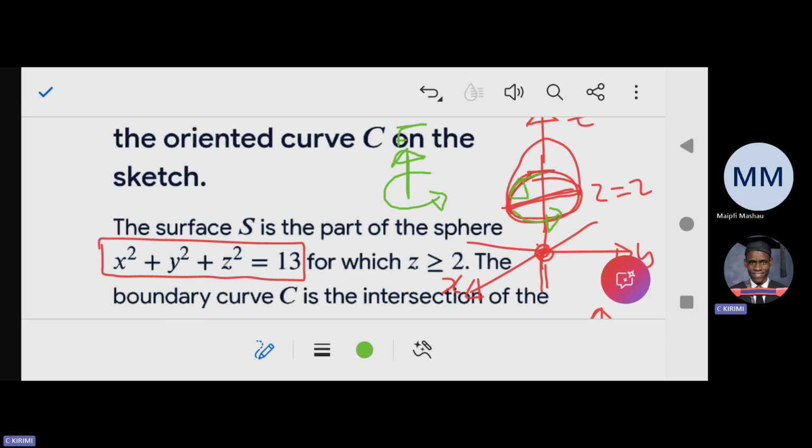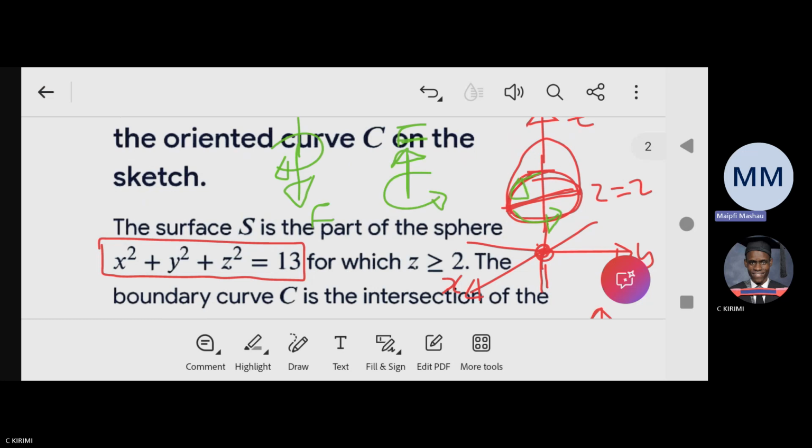Why? Because that force is going upwards. And if the force field is going downwards, it means the curl will be clockwise.